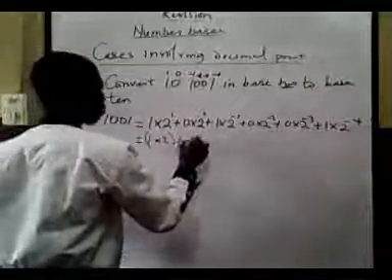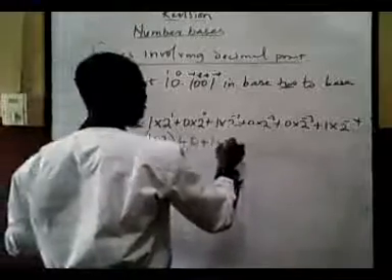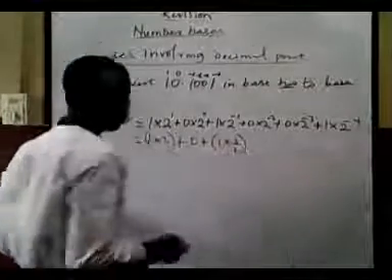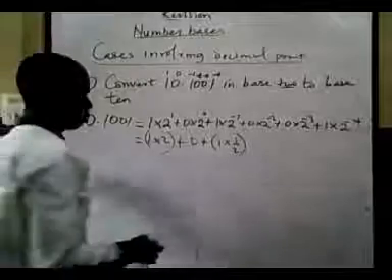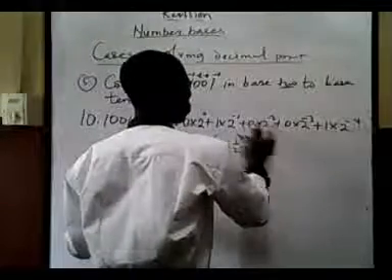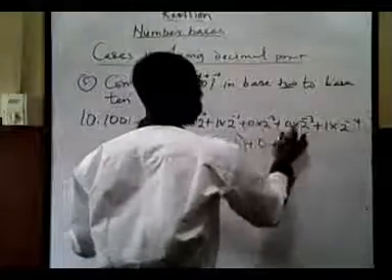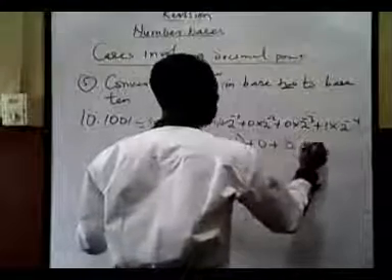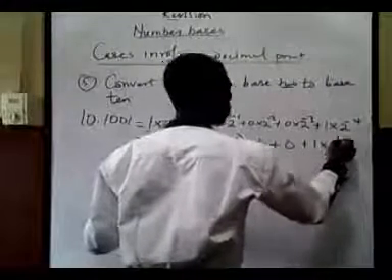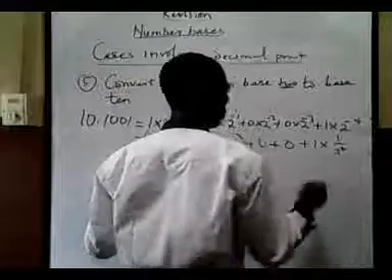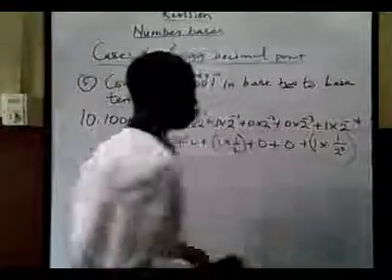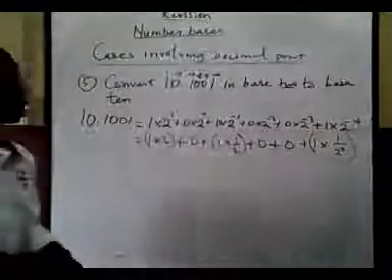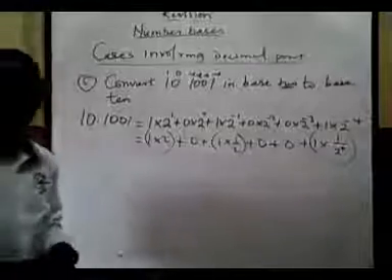This will come to 0. This is 1 times R under indices. This will be 0. This will be 0. This is 1 times 1 over 2 raised to power 4. Please, I have just applied the law of indices in this place.